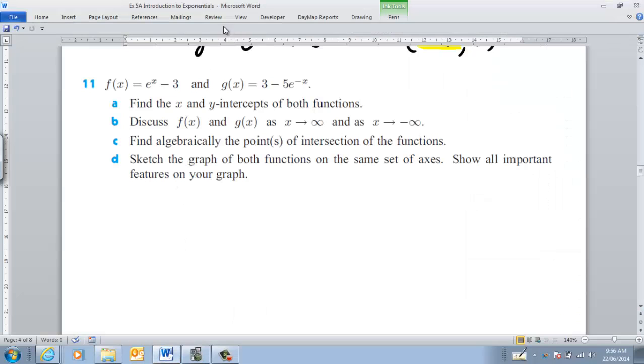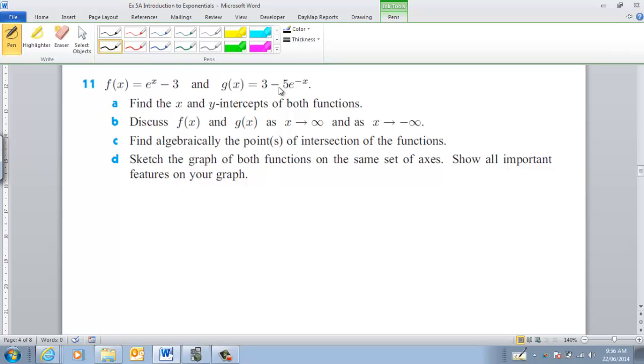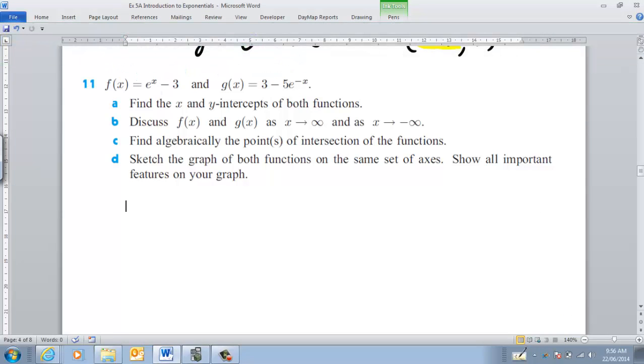So in part A, the first thing that we have to do is find the x and y intercepts. Now obviously the x-intercepts occur when the y value is equal to 0, and the y-intercepts occur when the x value is 0. Alright, so you remember that from probably year 8 or 9 or 10.